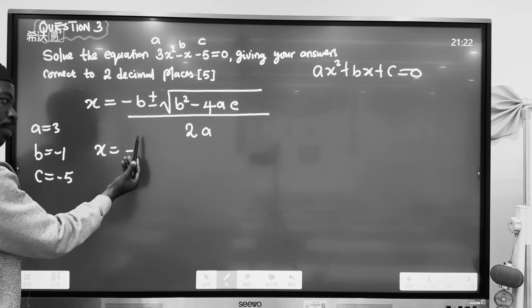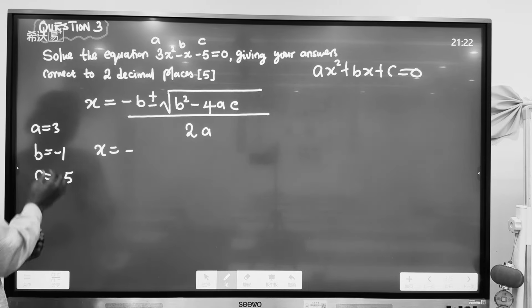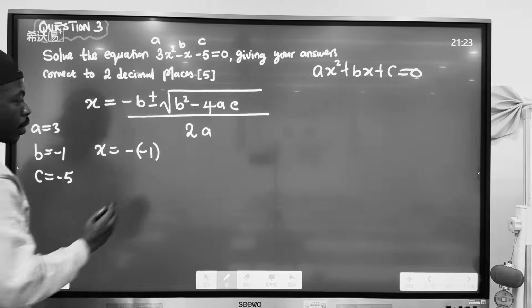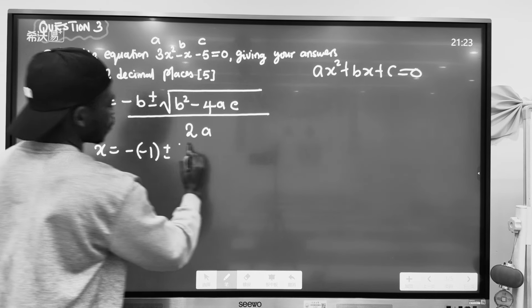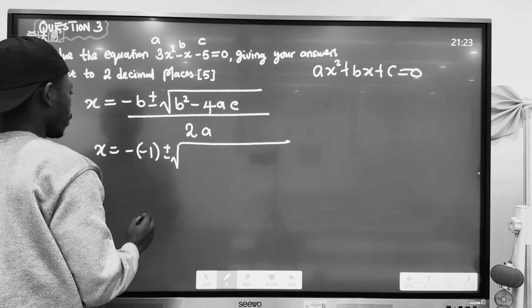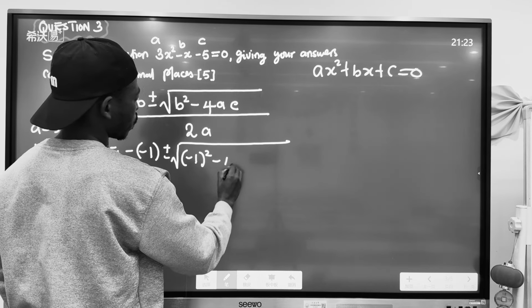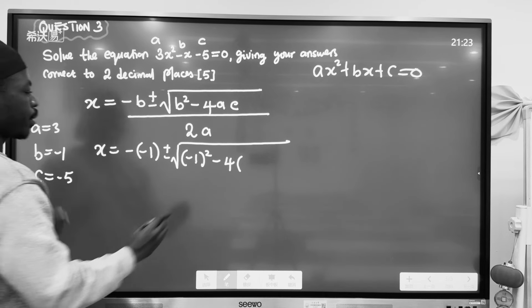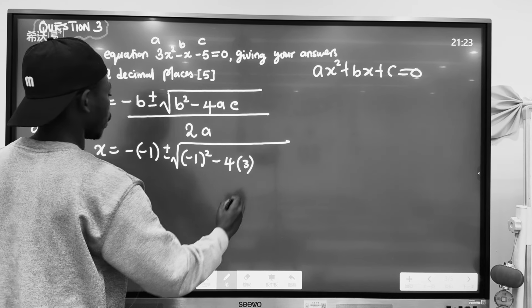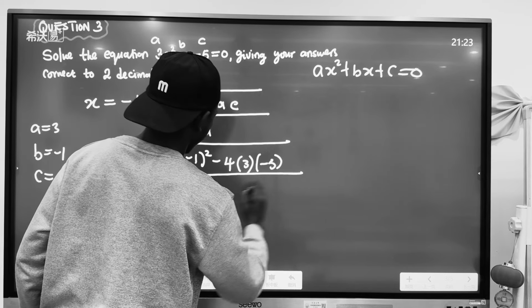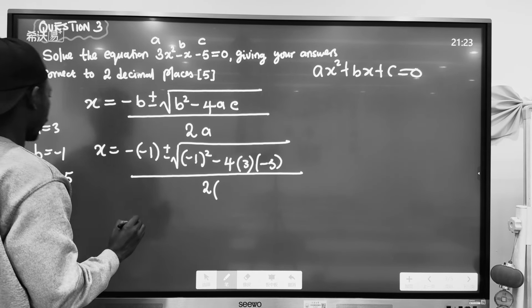So negative, but b is also negative. So to separate the two signs, we're going to use brackets and say -1 there. Then plus or minus the square root of b squared, which is -1 squared, minus 4. Then a is 3. Then c is -5. Then everything divided by 2 times a. a is 3.